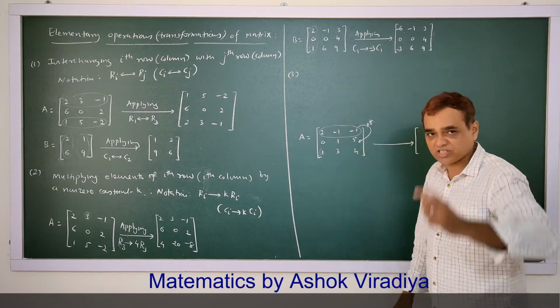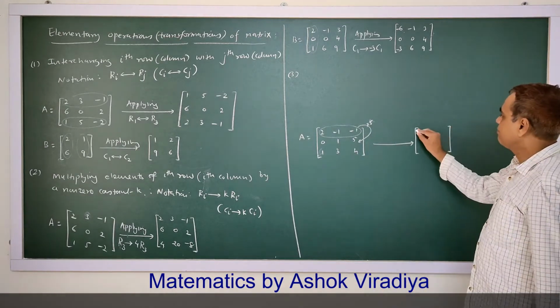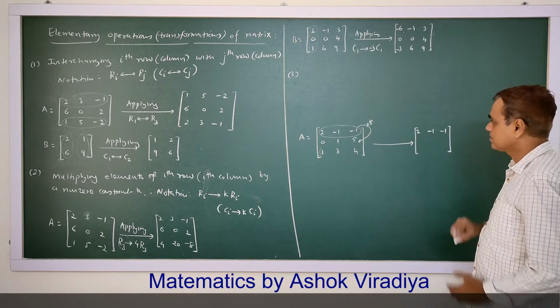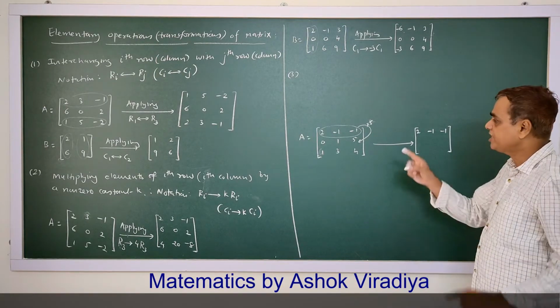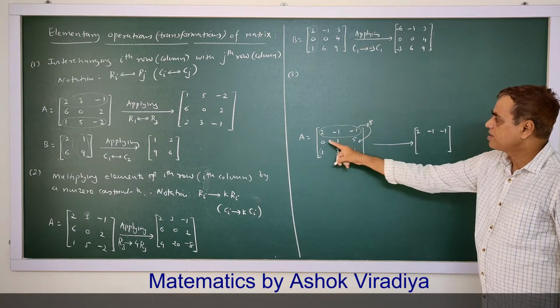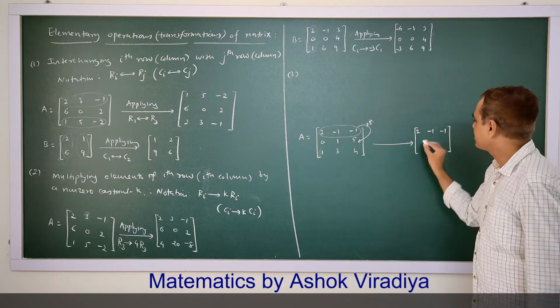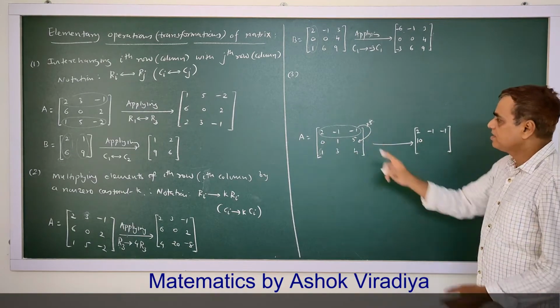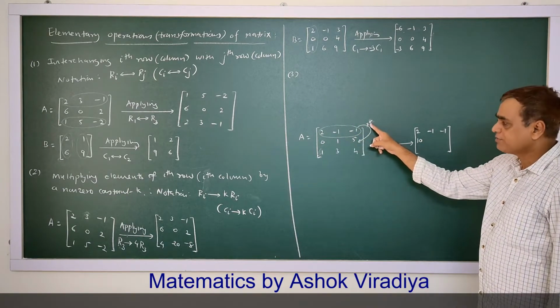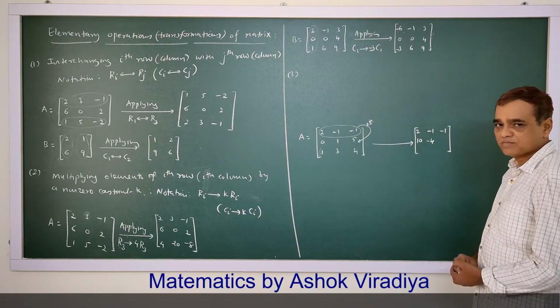The second row will be changed. First row keep as it is. Now I am changing the second row. Multiplying this by 5: 2 into 5 is 10. Add here 10. 0 plus 10 is 10. Then minus 1 into 5 is minus 5. Add here minus 5. So minus 4.